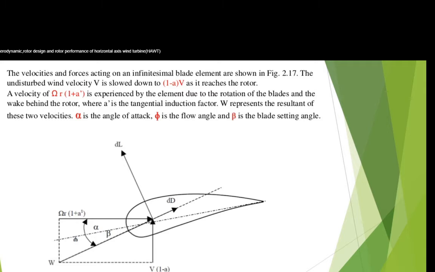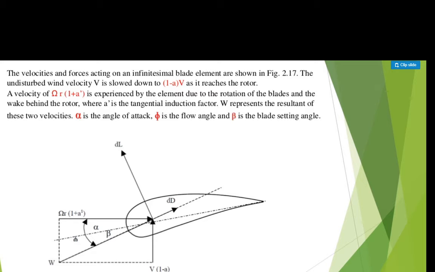Now, the velocity and forces acting on an infinitesimal blade element are shown in the figure. The undisturbed wind velocity V is slowed down to (1 − a)V as it reaches the rotor. A velocity of Ωr(1 + a') is experienced by the element due to the rotation of the blade and the wake behind the rotor. Here a' is the tangential induction factor. W represents the resultant of these two velocities.